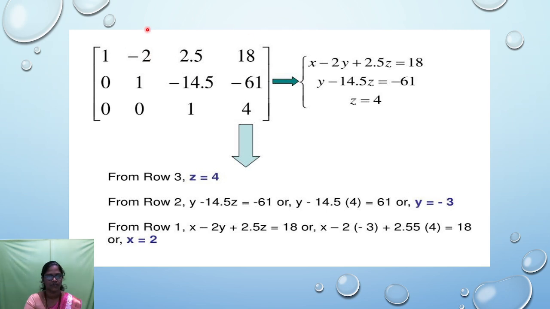Simplifying this row: x minus 2 into minus 3 plus 2.5 into 4. First we need to multiply these terms. Minus into minus is plus, 2 threes are 6, then multiply 4 with 2.5, then add these two terms and move them to the other side. So we get the value x equal to 2.